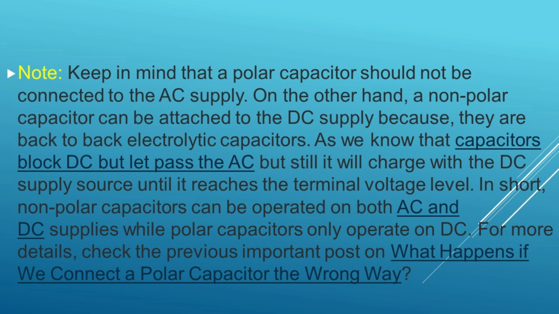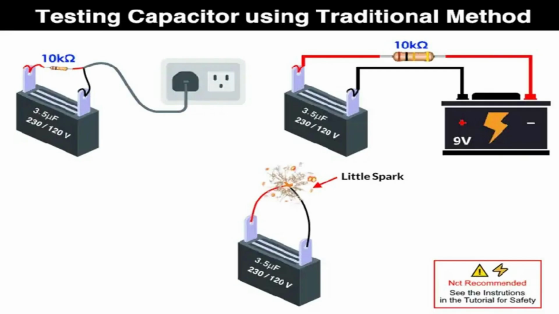Here is the step-by-step tutorial on how you may check a capacitor by this method. Disconnect the suspected capacitor from the power supply, or make sure at least one lead of the capacitor is disconnected from the PCB board. Make sure that the capacitor is fully discharged. Connect two separate leads to the capacitor terminals.